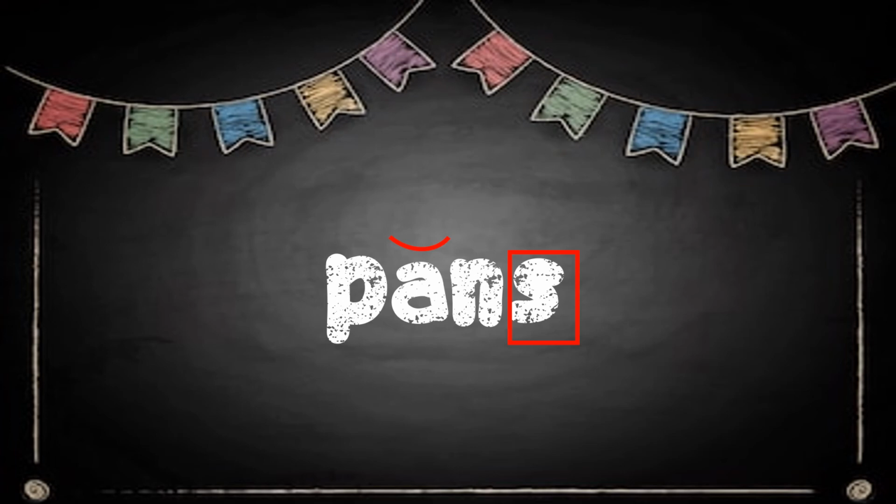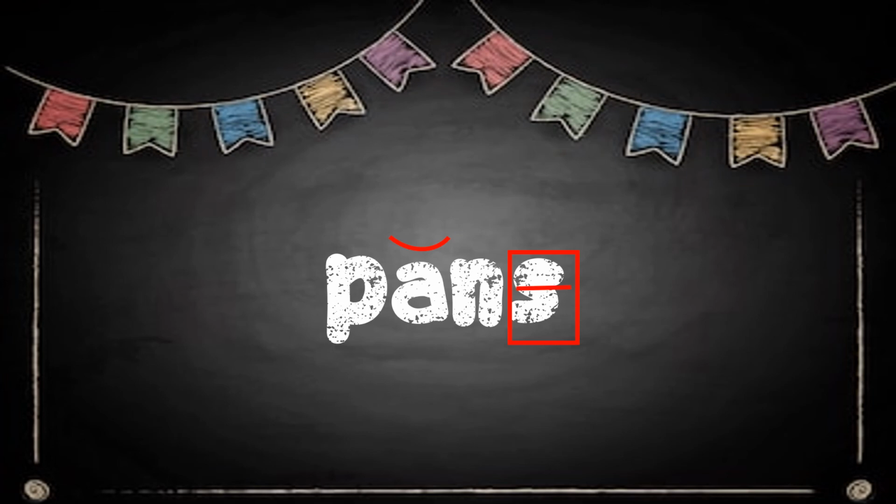Yes, we need to go back to our suffix S and decide if it is voiced or unvoiced. Let's try it unvoiced first, making the s sound. Pans, pans. That doesn't sound quite right, and it's a little hard to say, so let me try it with the voiced sound. Pans, pans. Oh, that sounds so much better.